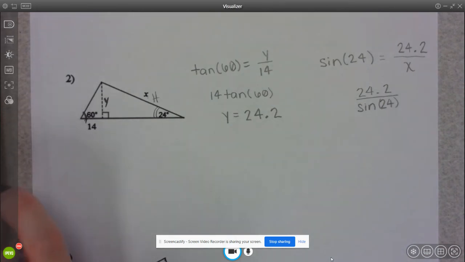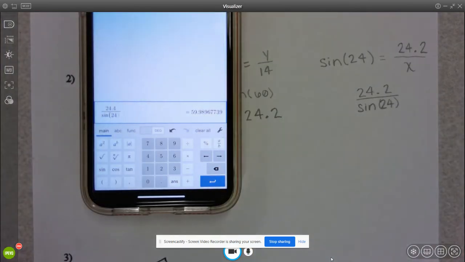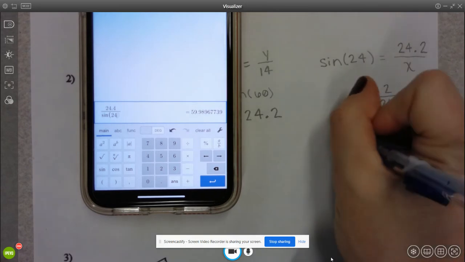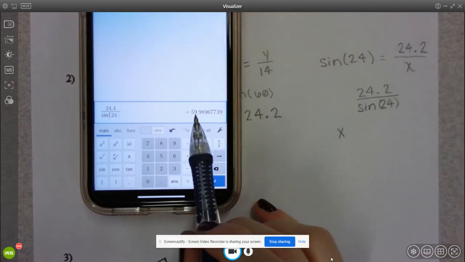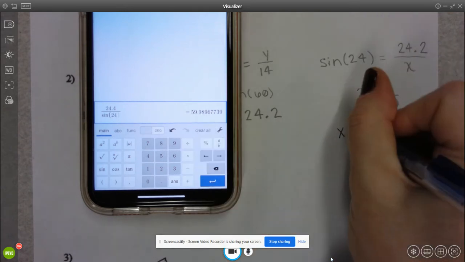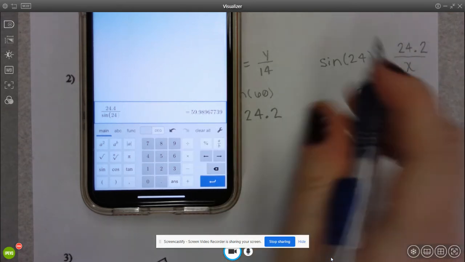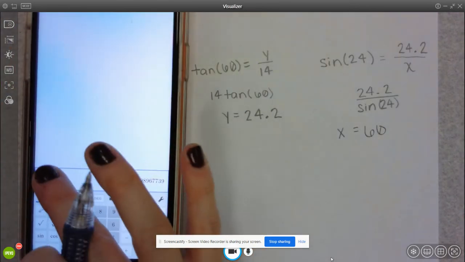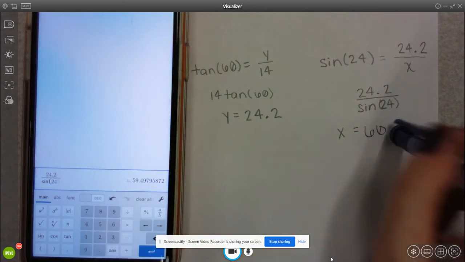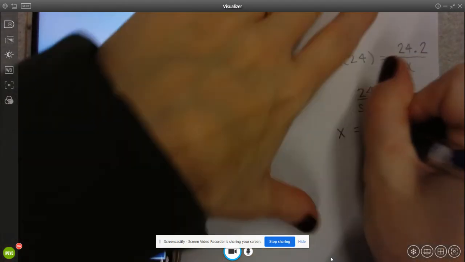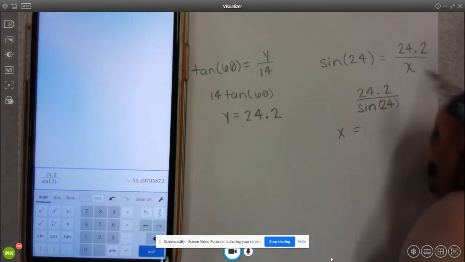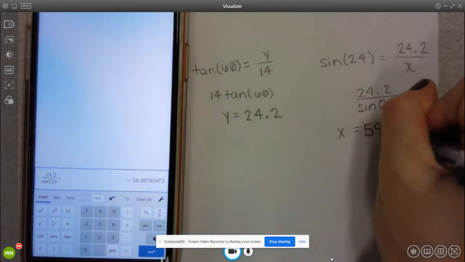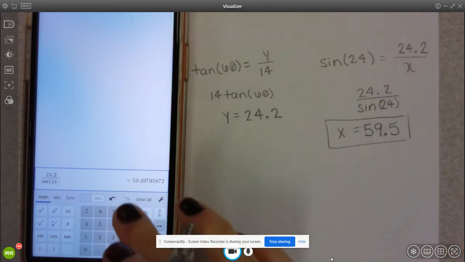Since I'm rounding to the nearest tenth, 59.98 would round up, which would make this 60. Oh, I did 24.4. Lord have mercy, it's 24.2. So it's not 60, it's 59.5. Whoops. Sorry, friends.